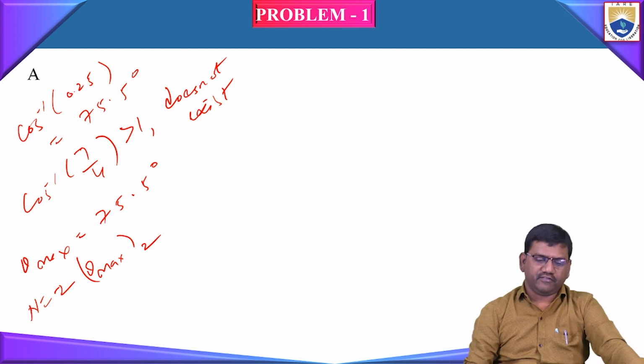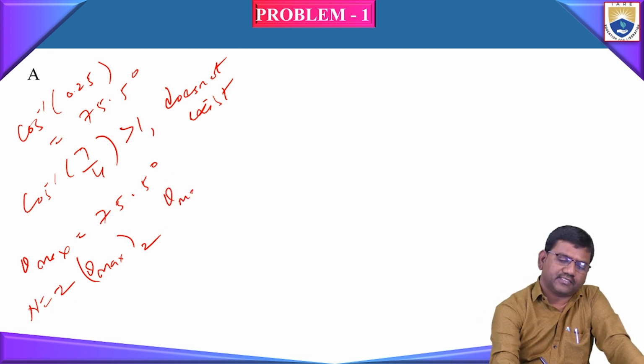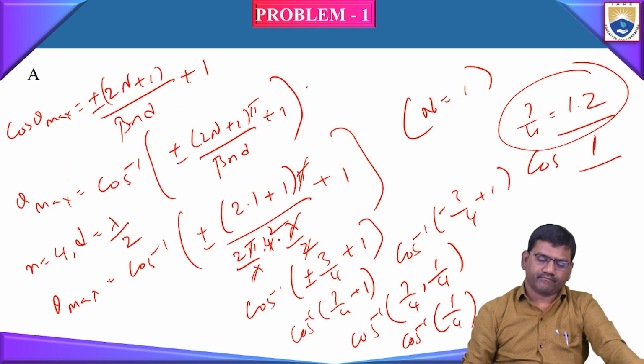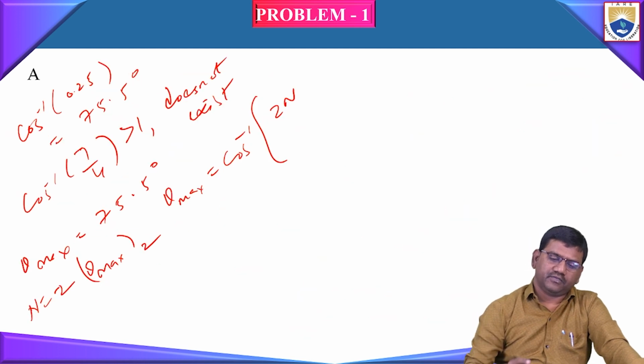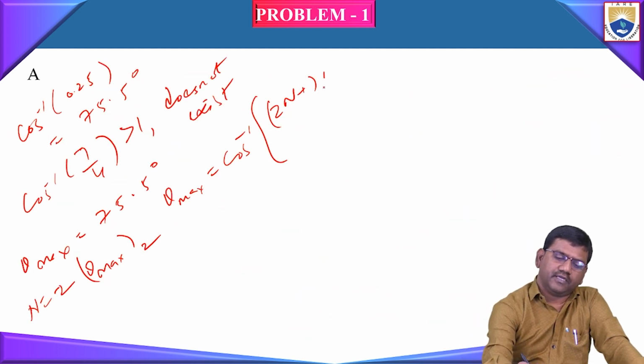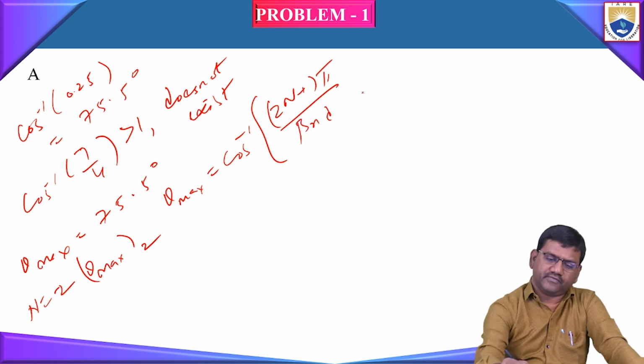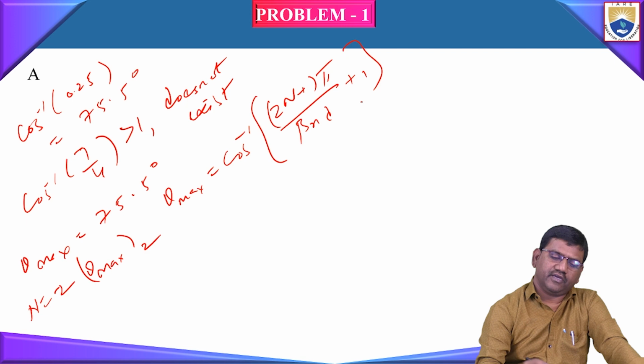So from the equation, we know that theta max is equal to cos inverse of (2n plus 1) into pi by beta nd plus 1. So this is the formula we have derived here.